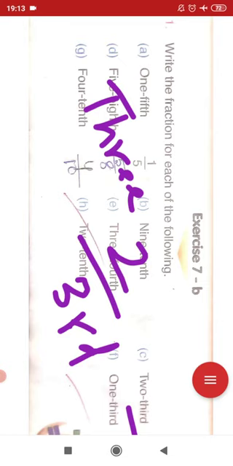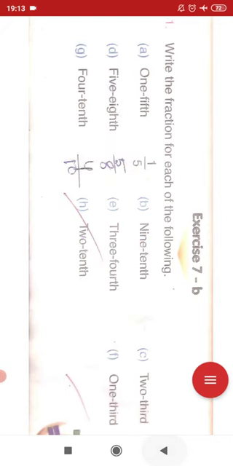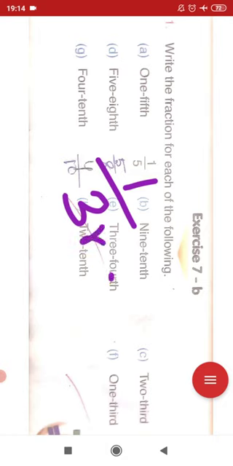Suppose a fractional number 1/3, we write one-third as the name of the fractional number.